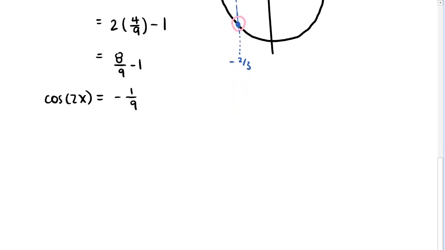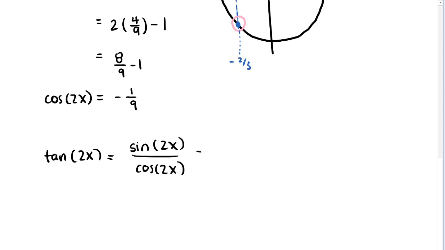And the last thing we wanted to compute was tangent of 2x. So for tangent of 2x, we didn't talk about a double angle identity for the tangent function. There are double angle identities for the tangent function, but here we can just use what we know about tangent, that it's the same as sine of our input angle divided by cosine of our input angle.